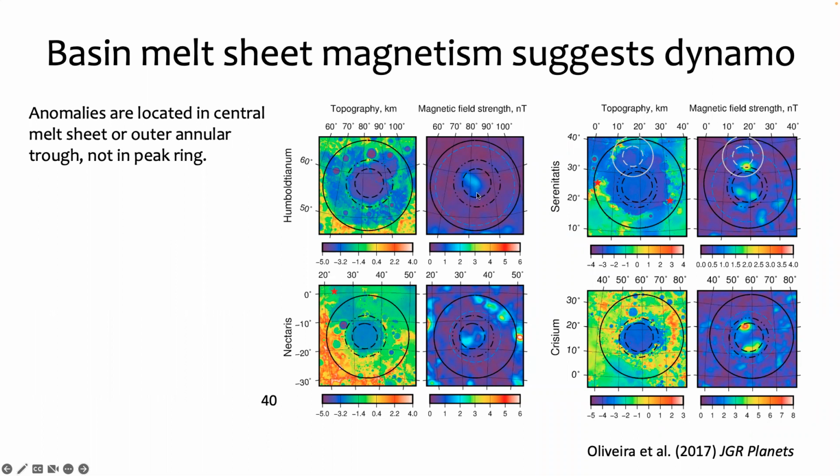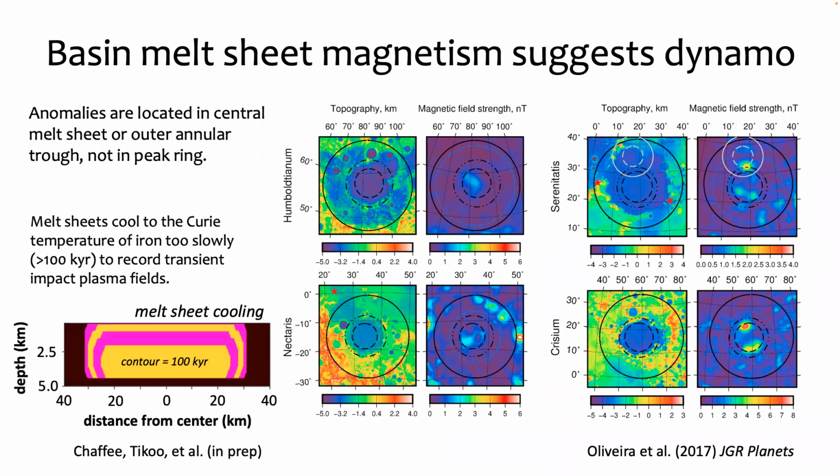What we end up seeing is that the magnetic anomalies inside basins are either inside the central melt pool, or they're outside the peak ring in what's called the annular trough, which is another area filled with melt. So the anomalies are located either centrally in the melt or in an outer annular trough of melt.